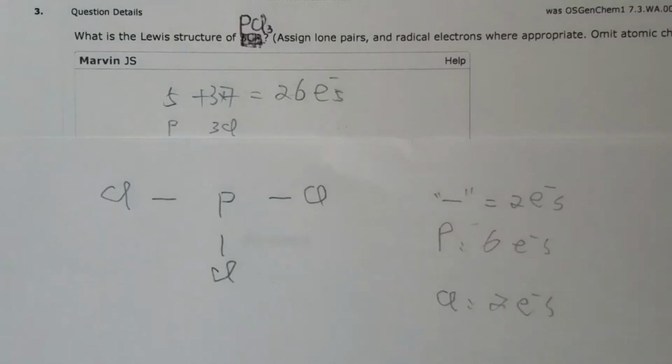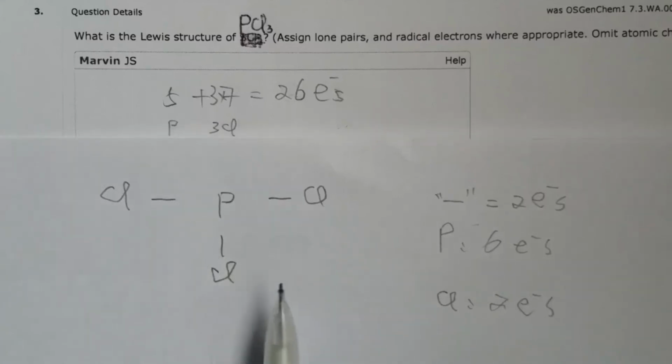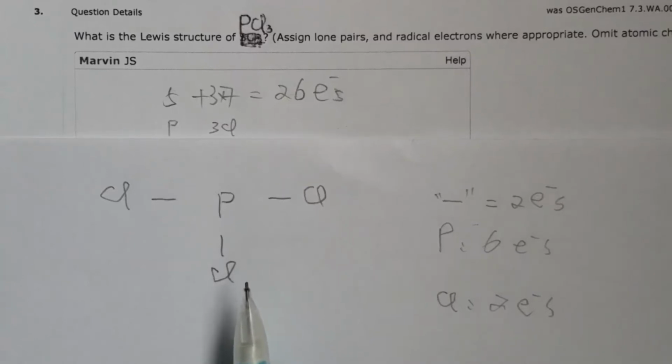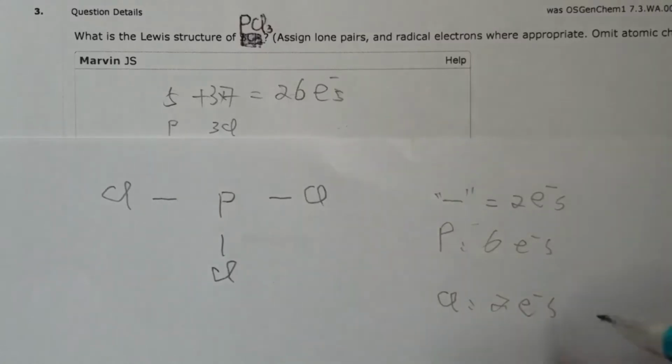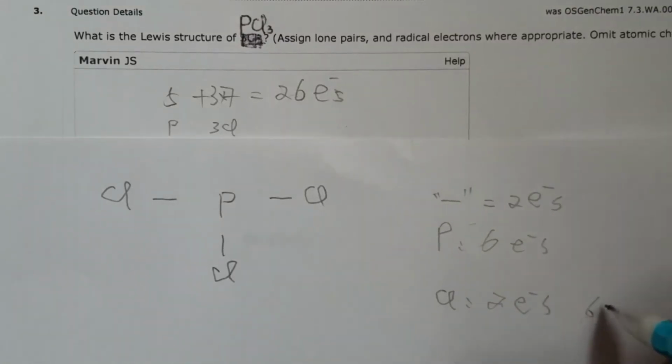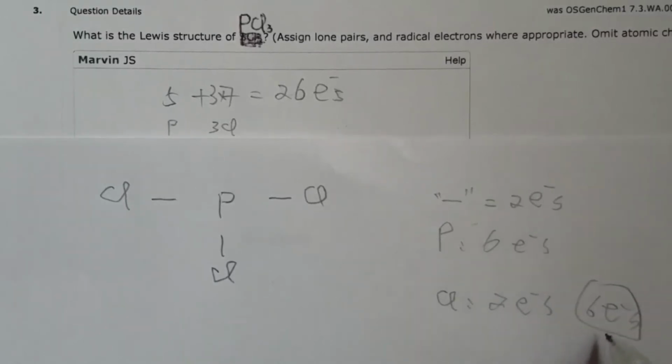Please recall we already learned the octet rule, which means each atom is surrounded by 8 electrons, which is the most stable state. In order to satisfy the octet rule, each chlorine still needs 6 more electrons.